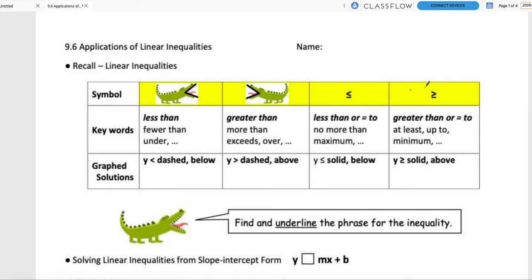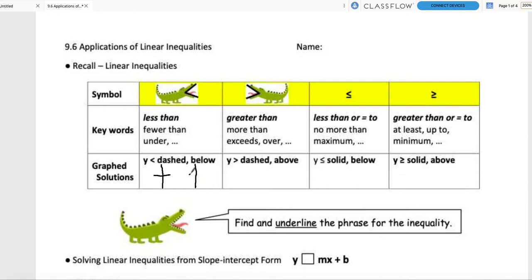So to recall what that looks like, let's draw a couple of graphs. Just a couple of these for now, and then we'll put some shading in. Oh, I wish I could draw a straight line. Let's see if I can do a little better.